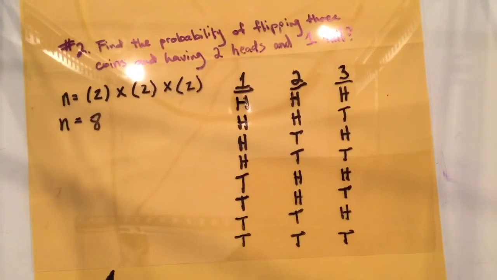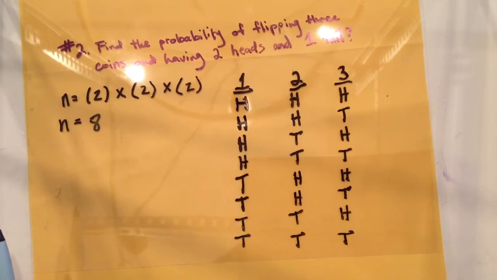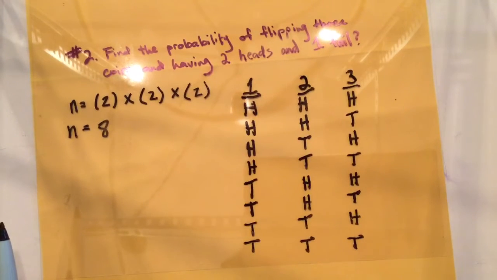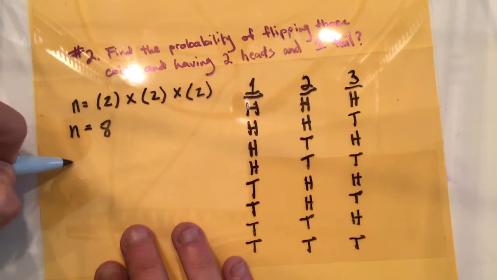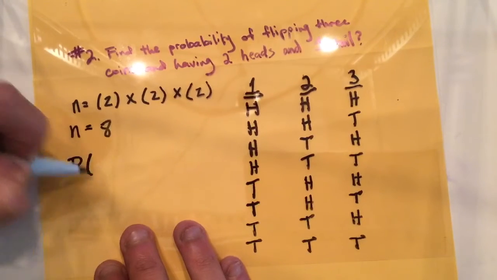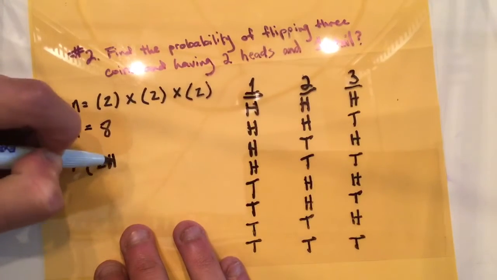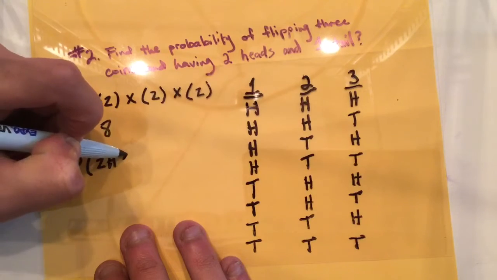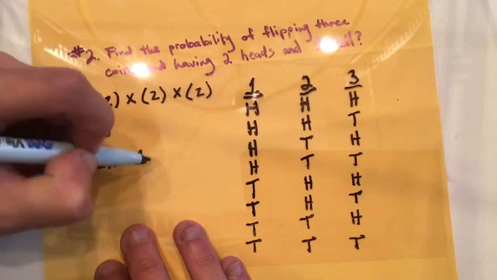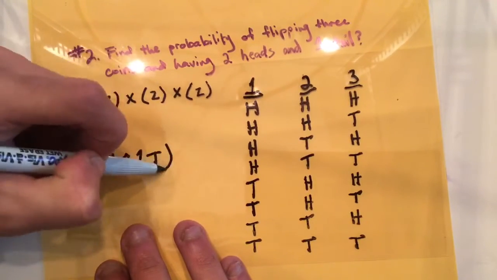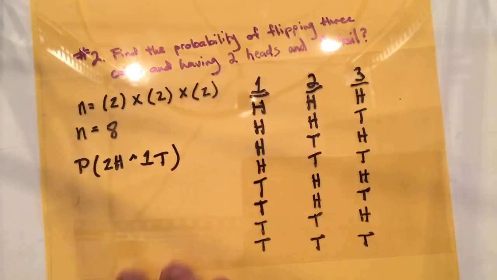So now that we have our chart set up, we can go through and look at how many possible events we want. Really we are looking for 2 heads and 1 tail. So that's what we're looking for.